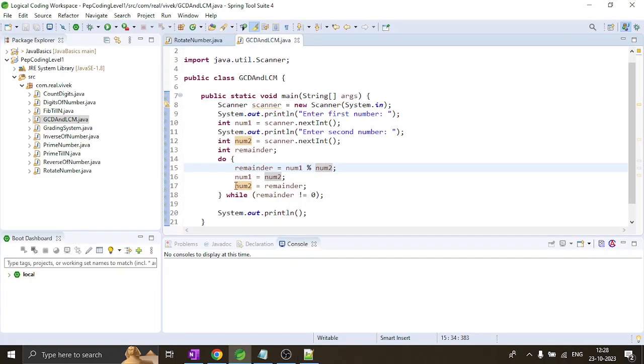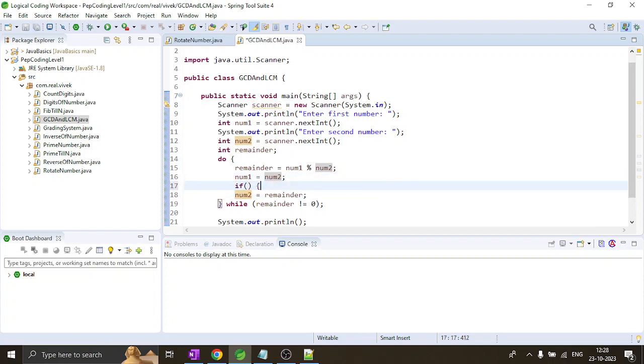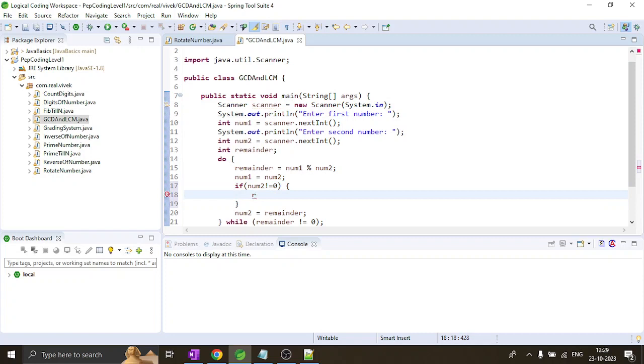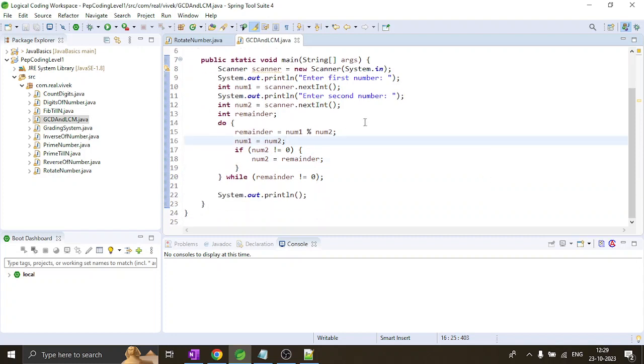But we have replaced num2 by the remainder, so it becomes 0. So we can have an if condition here where we check if the remainder equals 0. Then we can have this condition here. So let's try to print the num2.